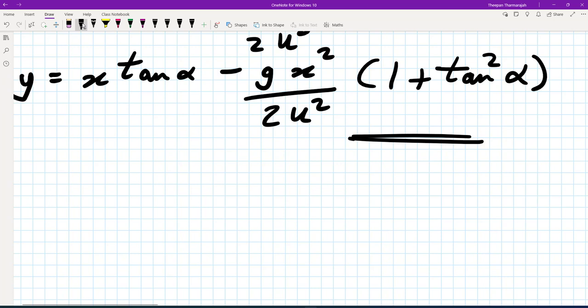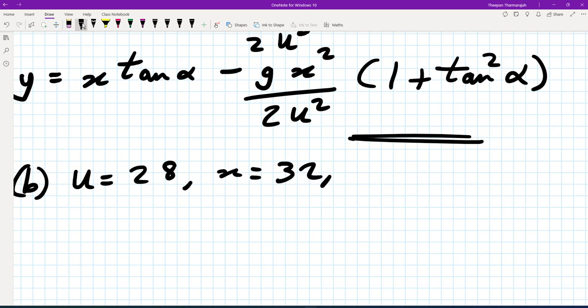So let's write in our values. This is part B here. u is 28, x is 32, y is 8, and g is 9.8.